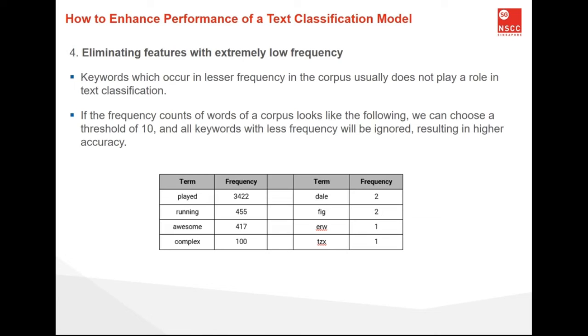For example, if the frequency count of words of a corpus looks like the following, it is clear that the terms fig and thou have occurred in low frequency as compared to other terms. Hence, if we choose a threshold of 10, all keywords with less frequency can be ignored, resulting in good accuracy.